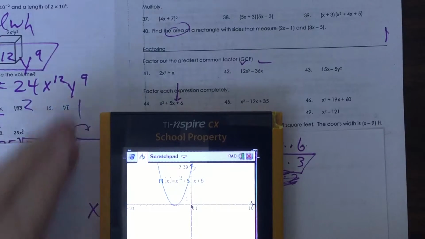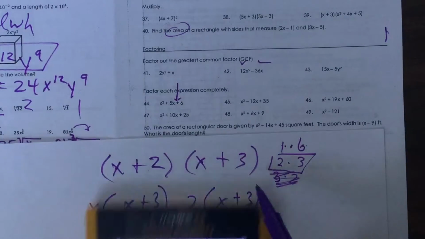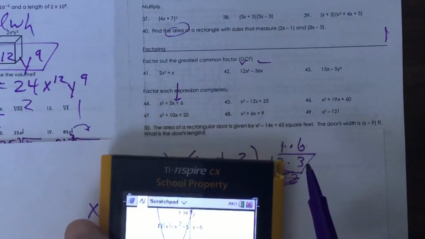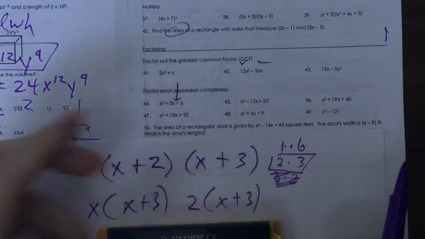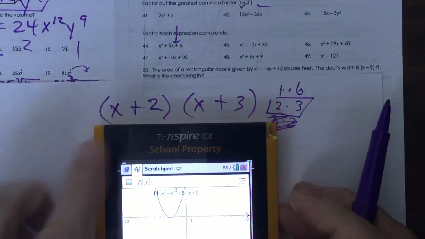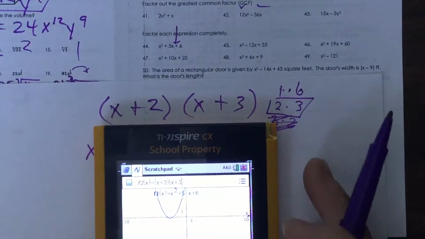There's my graph. If this is really the right answer, x plus 2 times x plus 3, I should get the exact same parabola. Okay, so I'm going to hit tab, and I'm going to type in my answer. X plus 2, in parentheses, just like I have it, times x plus 3.